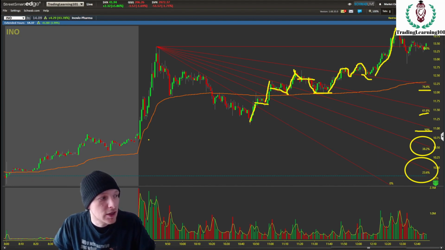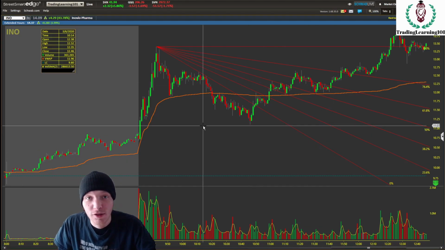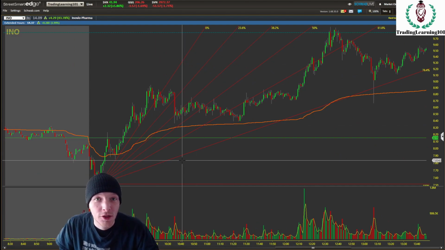So if I was in a downtrend with the Fibonacci Fans, if I was a short trader, I just moved to a different area of the chart to show you how Fib Fans would work if you're looking to short a stock.